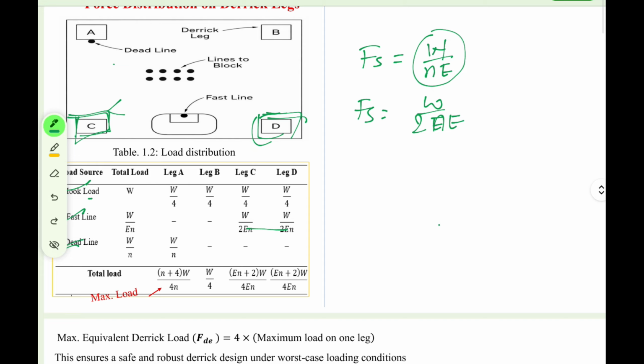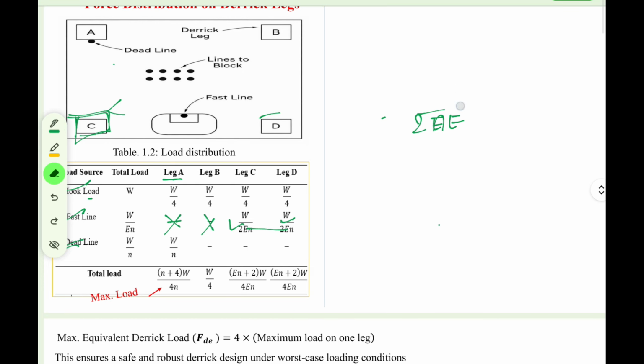In leg A they are not experiencing it, that's why a dash is there. Leg B is not experiencing it, that is why a dash is there. So legs C and D are experiencing the fast line load, that's why W by 2NE. This total load is divided between the two legs only, right? I hope you people are understanding this concept. This is a very important concept regarding the hoisting system and the load distribution. Once you are able to understand it, the calculation is simple, right?